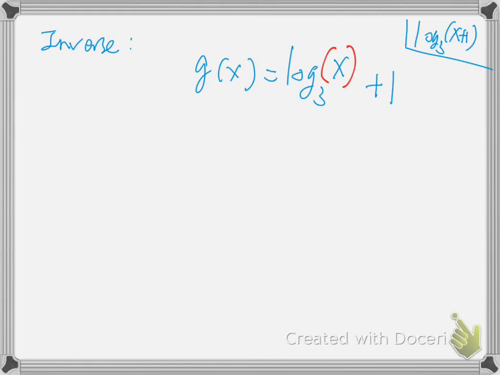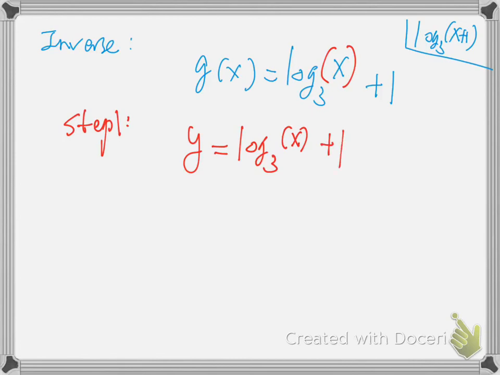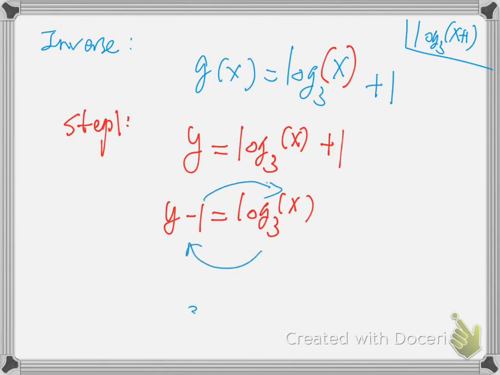So step 1, we change it to y, right? So y is log 3 of x plus 1. So move 1. y minus 1 is log 3 of x. And then we use what? We use definition to get exponential form. So it's 3, y minus 1's power is x. So this is function f.